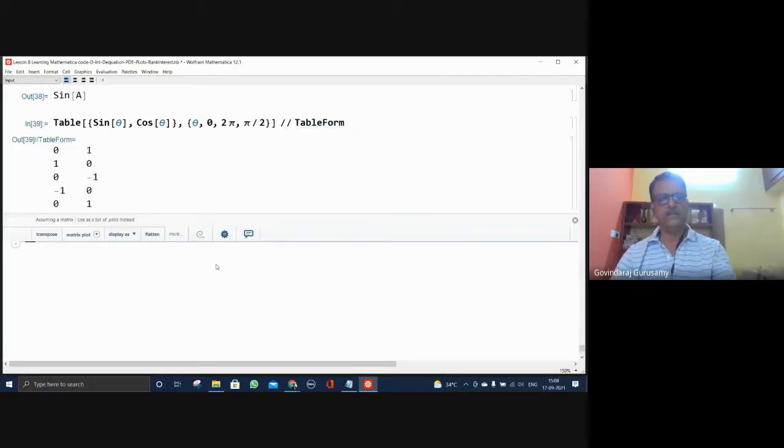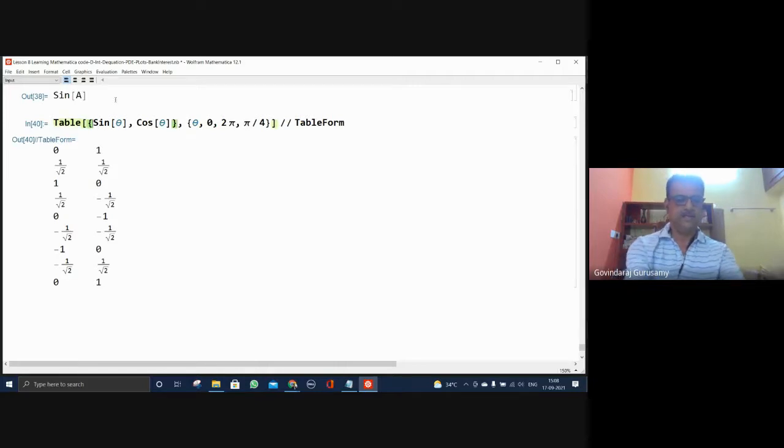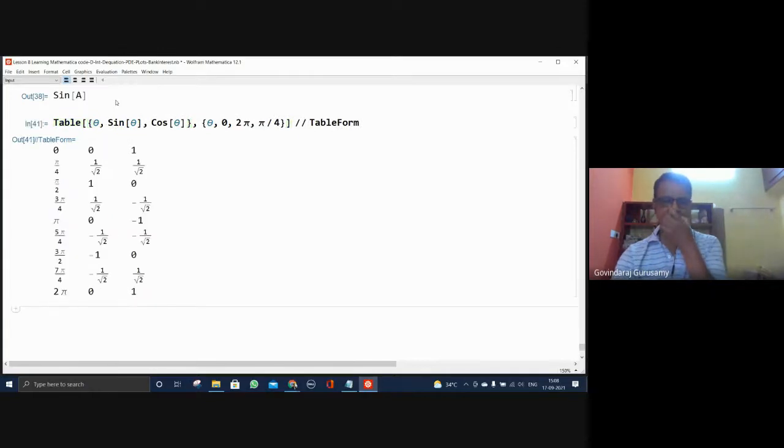This is the table you will get. Okay. Suppose I wanted to make it pi by 3 or pi by 4 and have this. If you want, you can add the theta which is varying by pi by 4. So for the given theta 0, 1, this is 0, this is 1, pi by 4 is this, and then you can go to pi by 3.